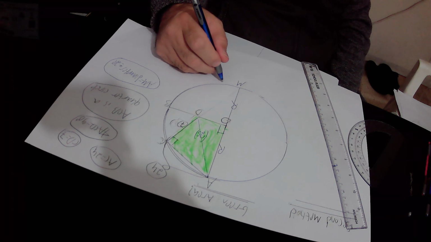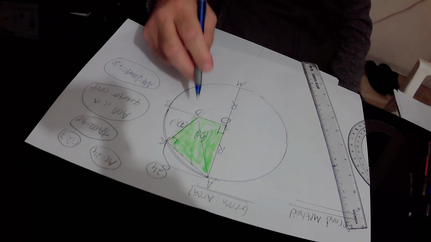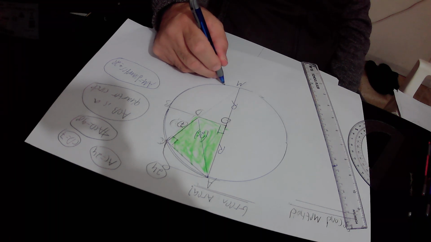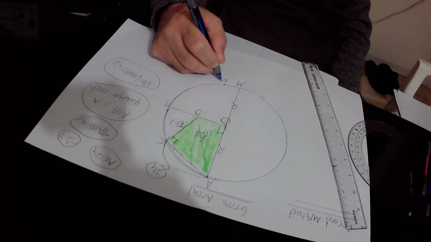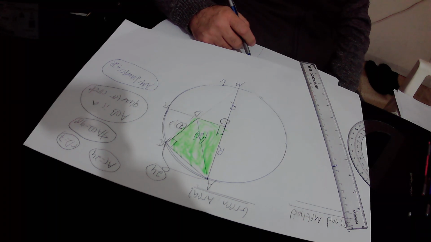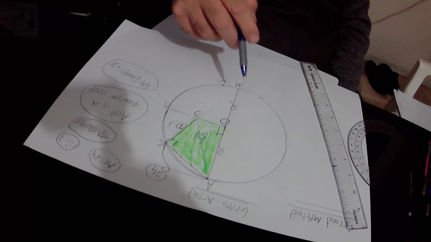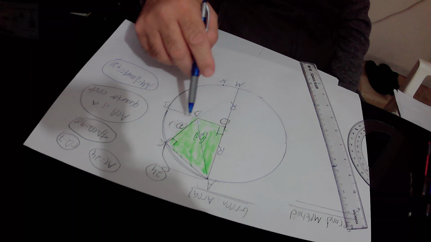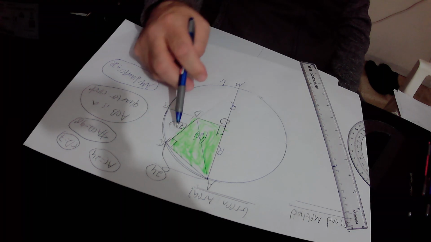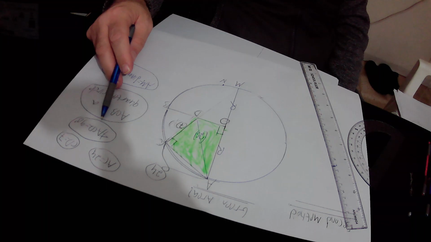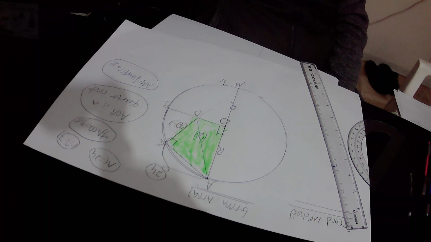For example, we will assume that the extended side CD will touch the circle at this point, point N. And here we will have peripheral angle ACN, which, as you know, is equal to 90 degrees. It is given in the question: angle ACD equals 90 degrees.